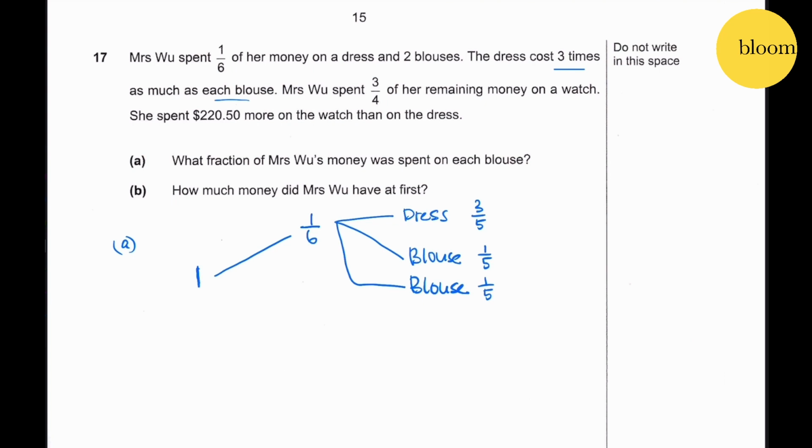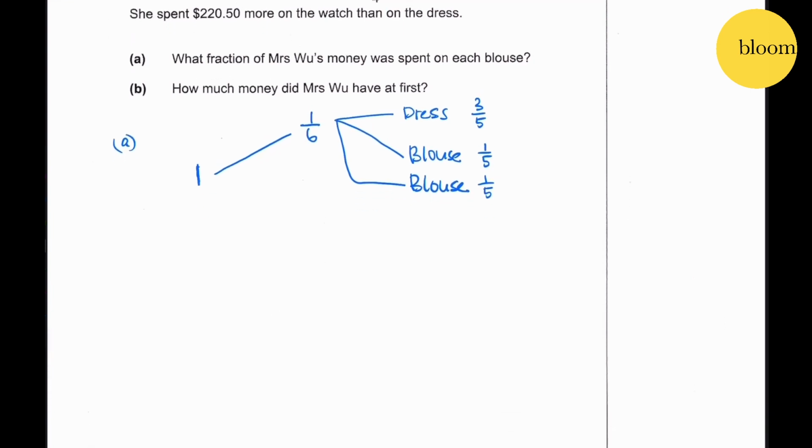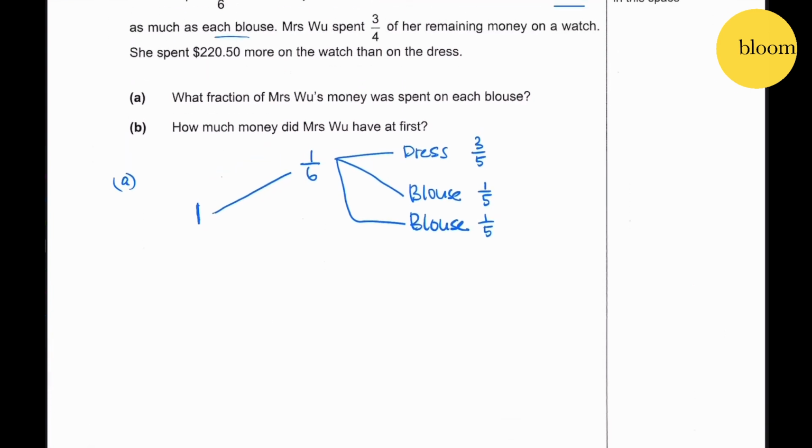Then Mrs. Wu spent 3/4 of her remaining money. The remaining money will be 5/6, and 3/4 is spent on a watch. Therefore, she has 1/4 remaining.